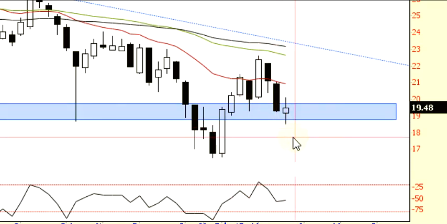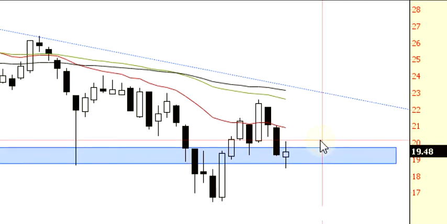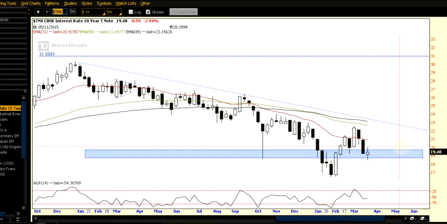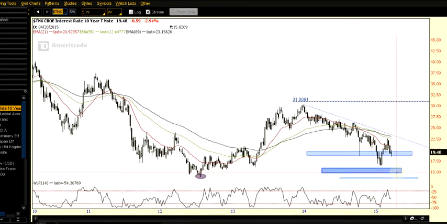Or are they going to pull back just a little bit more and then take off to the upside? So we will wait and see what happens with interest rates. But we have drawn a support box down here below this one. You can see it here, off of this low here. And it's quite possible that we visit that area, and that would bring interest rates to about 1.5%.